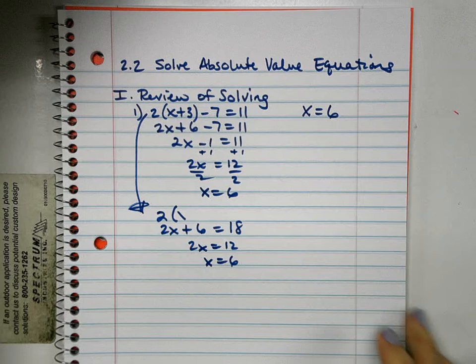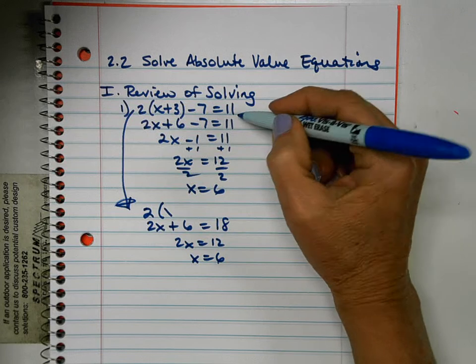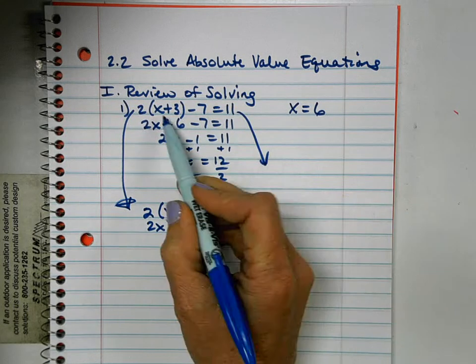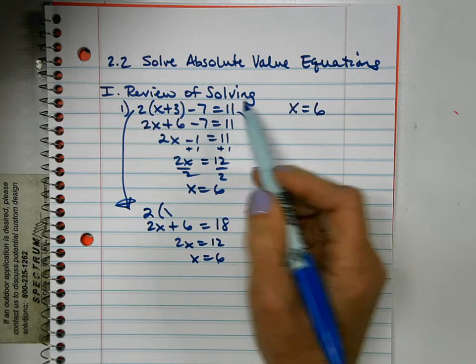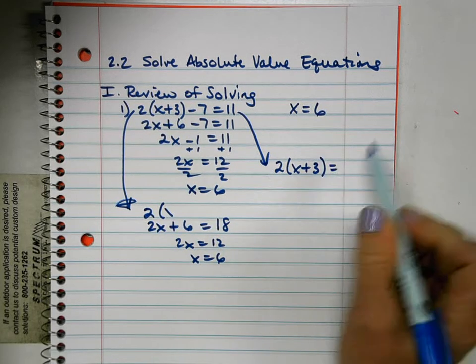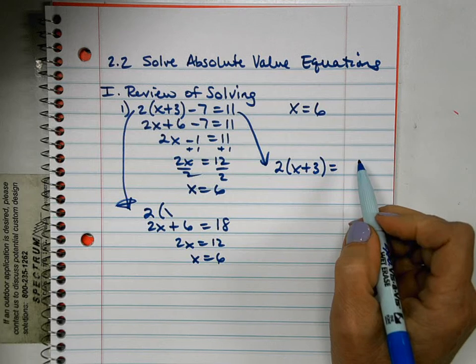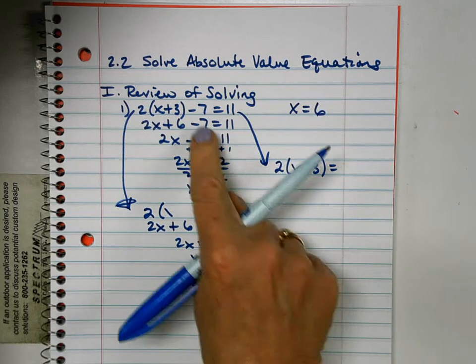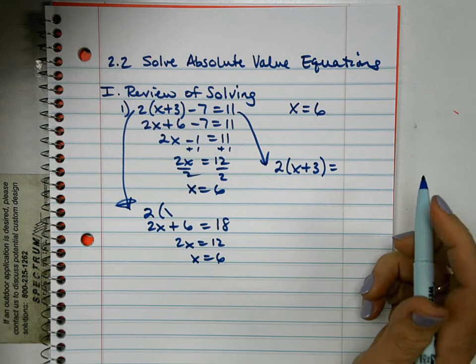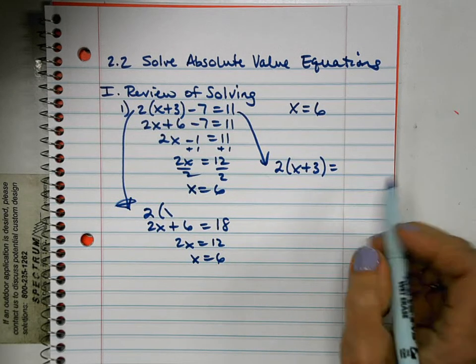Anybody do it by not distributing? Do you think you could get the same answer if you didn't distribute? Okay, so let's try that. What if the first step I did was add the 7 over? I'd have 2 times x plus 3, and Ryan, what would I have if I added the 7 over? You would have 18.